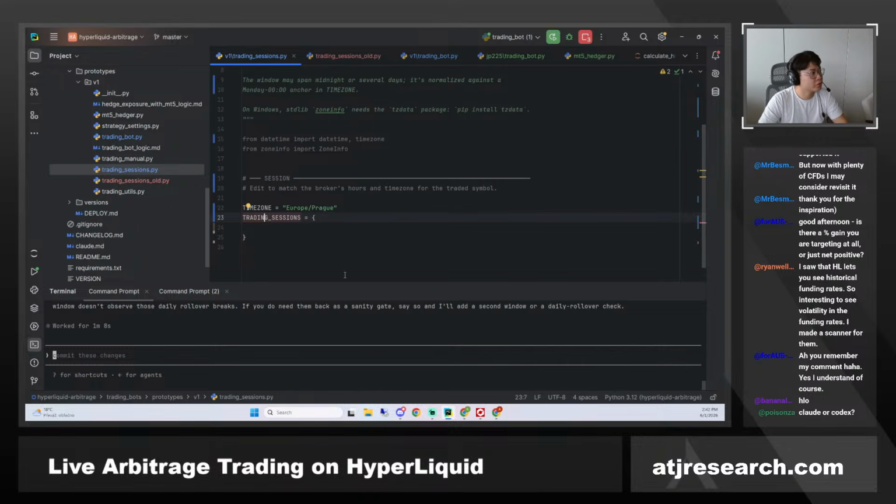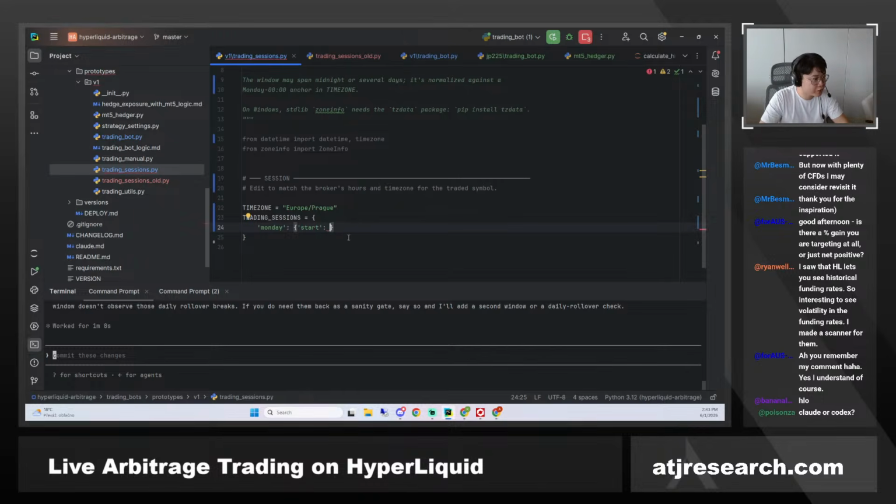That's all we need. So here in trading sessions, we can provide a trading session for Monday, right? And here we can provide a dictionary or a tuple with start and end. So I will provide the start, which is when the market opens, or when the trading bot can start trading.